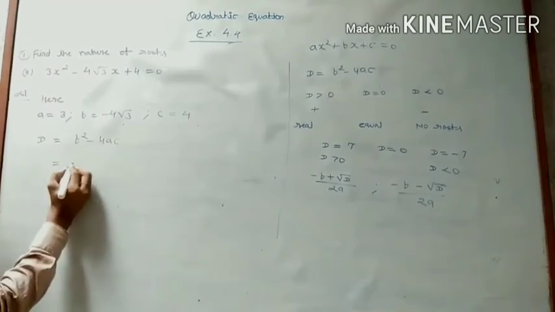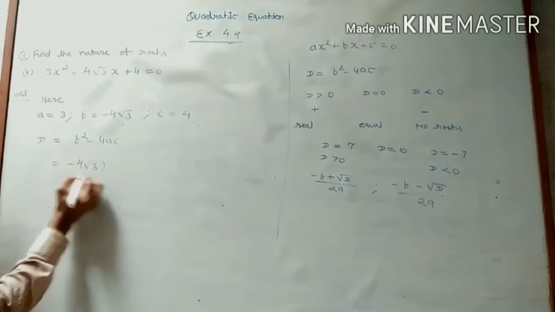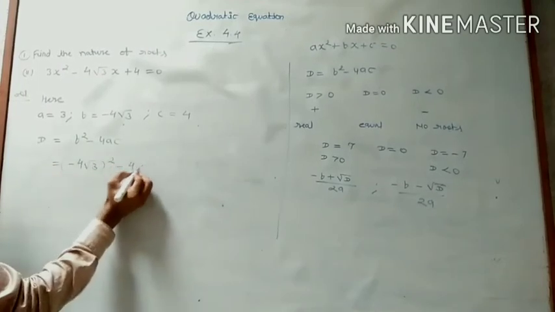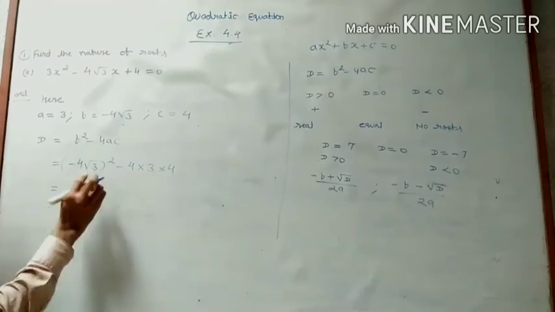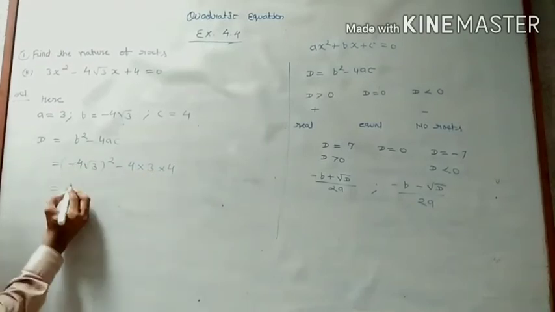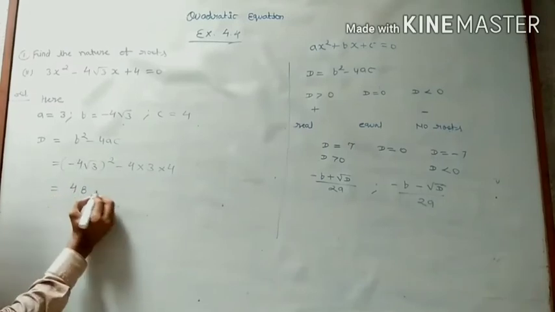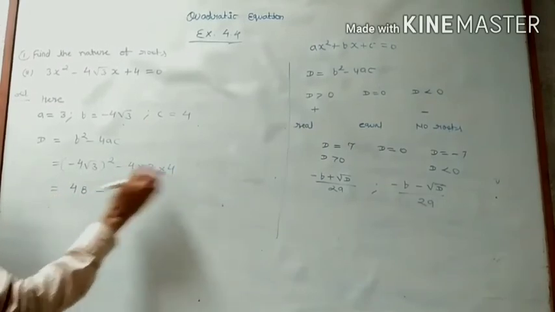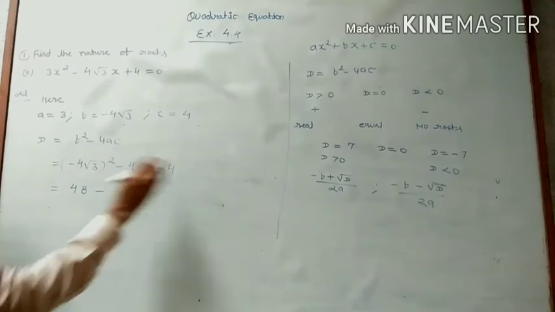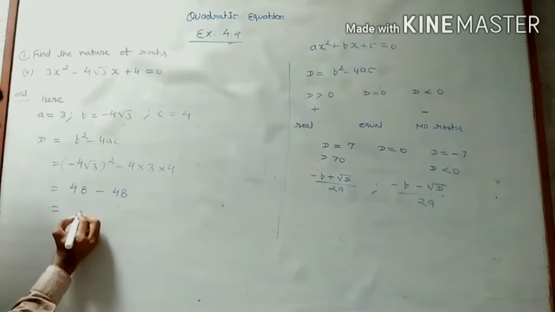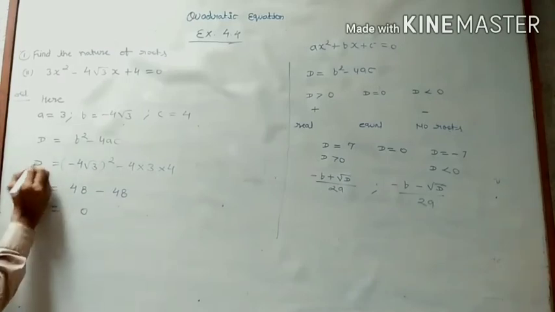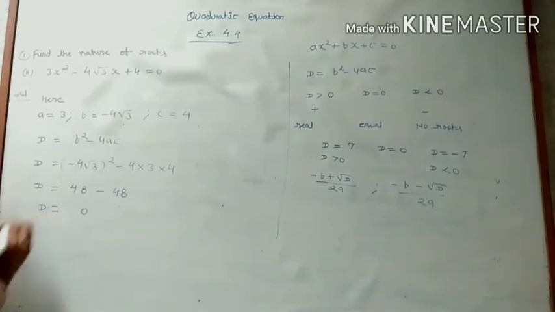The value of b is minus 4 root 3 whole square, minus 4 into 3 into 4. 4 4s are 16, and root 3 times root 3 is 3, so 16 times 3 is 48. Minus 4 times 3 is 12, and 12 into 4 is 48. So 48 minus 48 is 0. So the value of D equal to 0.